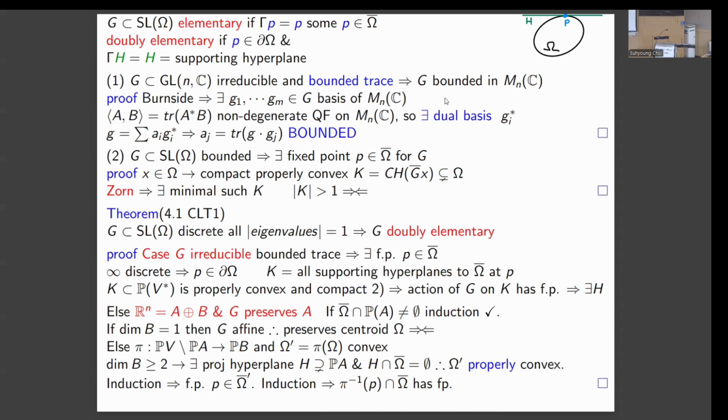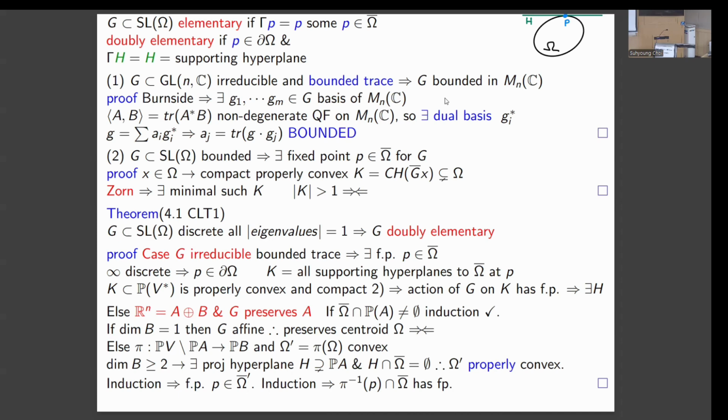So when you take the image under pi of H, you get a codimension 1 projective space that's disjoint from the image of omega. And so that should be a prime there. It should be, sorry, no, okay, that's fine. So that means that omega prime is actually properly convex.